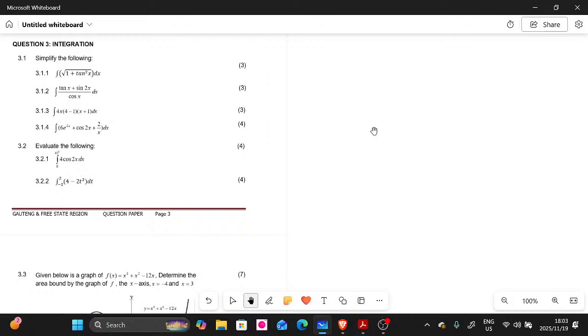So we have sigma, and then we have 6e to the power of 2x, plus cos 2x, plus 2 over x, and then dx, like this.